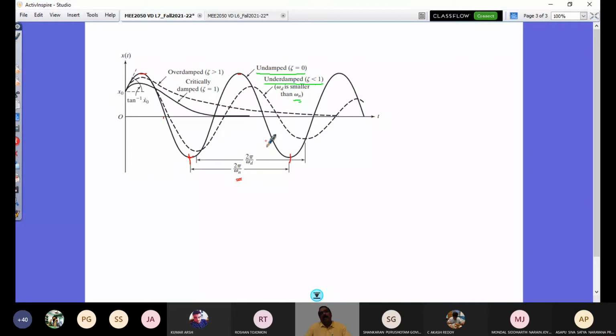If you look here, x1 and x2 are at arbitrary times t1 and t2. I look at that one cycle, and the amplitude ratio of these two, the displacements at time instants t1 and t2, which decide my time period of oscillation, is what gives me the logarithmic decrement value. So it is defined as the natural logarithm of the ratio of displacements x1 and x2 in one cycle.